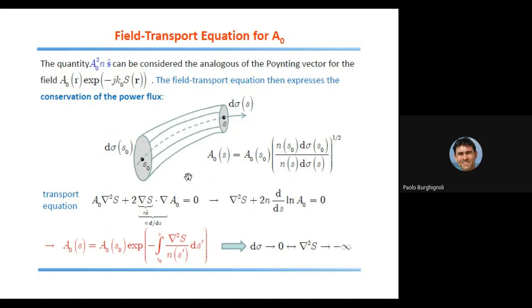So every time we have a shrinkage of a bundle of rays, for example at the focus of a lens, ray optics tells us that the amplitude should go to infinity, which is of course non-physical, but this simply means that in a neighborhood of the focus, ray optics cannot hold anymore. And it does not hold anymore because the Laplacian going to infinity means that the Iconal varies very rapidly in space, which is against our assumption that everything varies very smoothly on the scale of the wavelength.